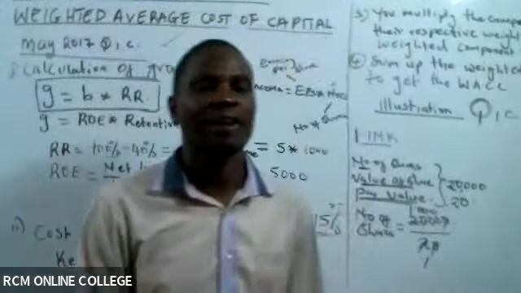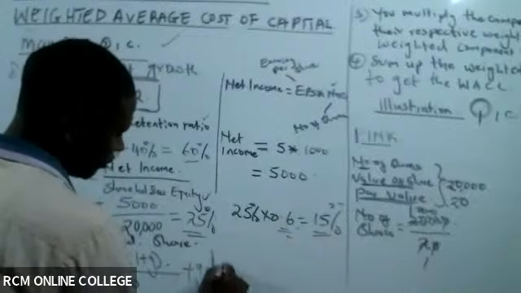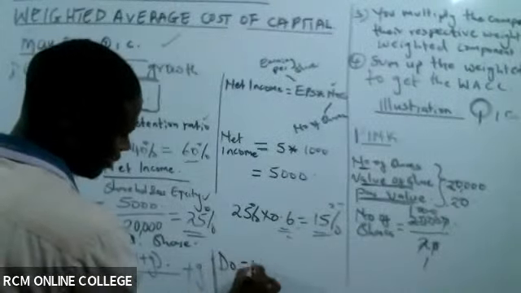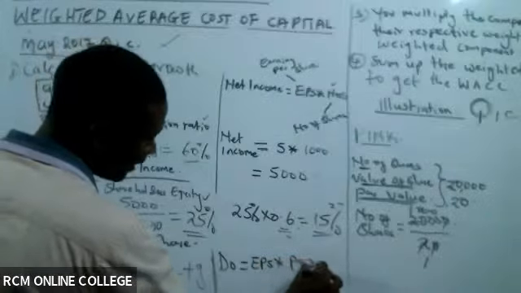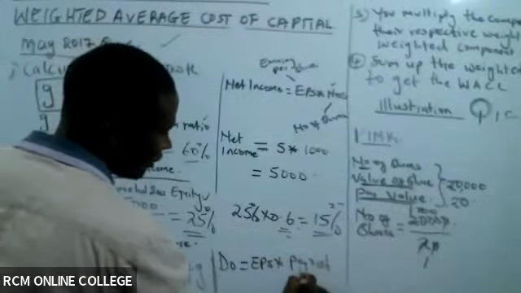So our DO will be given by EPS times payout ratio. It is another formula that you need to highlight with your highlighter.